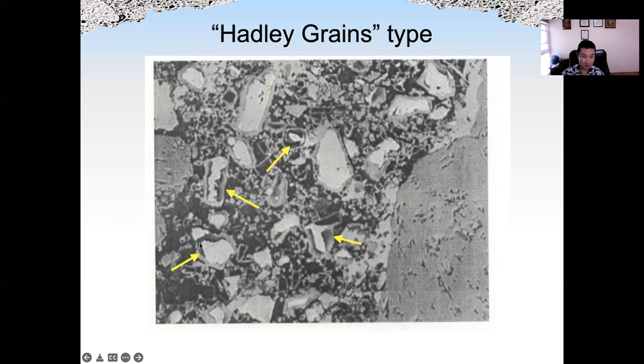Okay, we can also see space. The space in a scanning electron microscope shows as black color. If you see the black color here, here, or here, that means they are empty space. They are voids. Okay, so we can see that's the voids between unhydrated cement and the CSH, and we call that Hadley grain type. Okay.